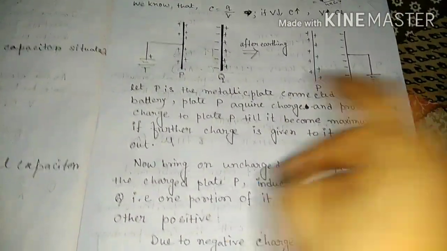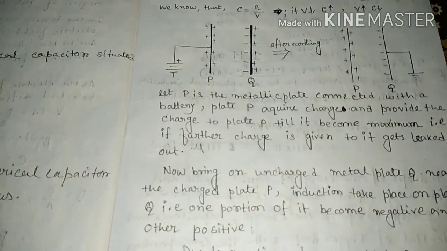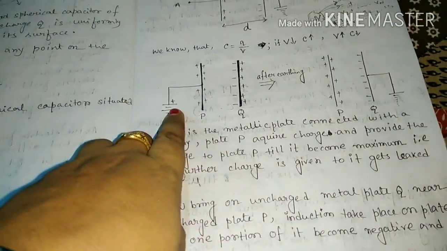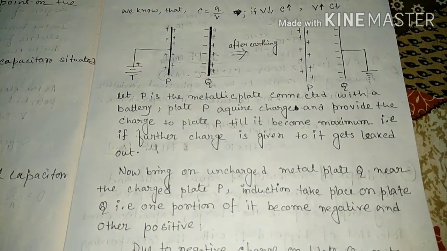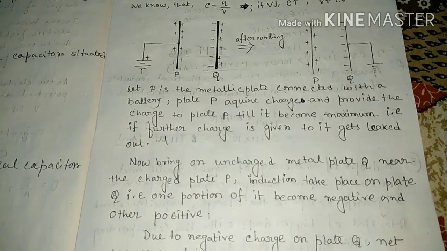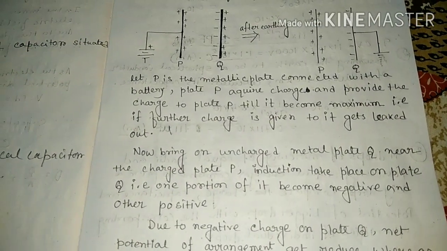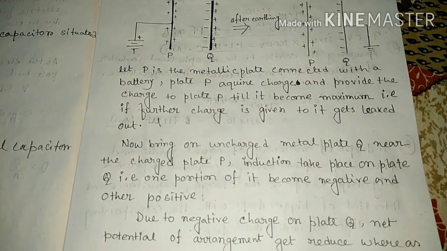And that I will write here. Let P be the metallic plate connected with a battery. Okay, this is a battery. Plate P acquires charge till it becomes maximum; further charge given to it gets leaked out.